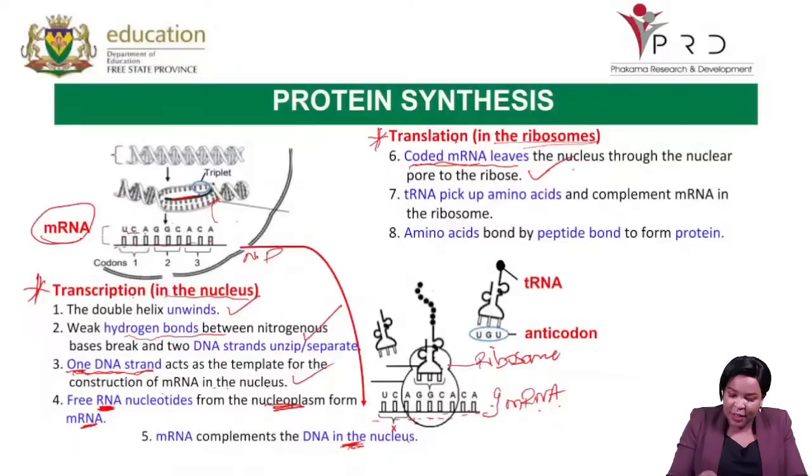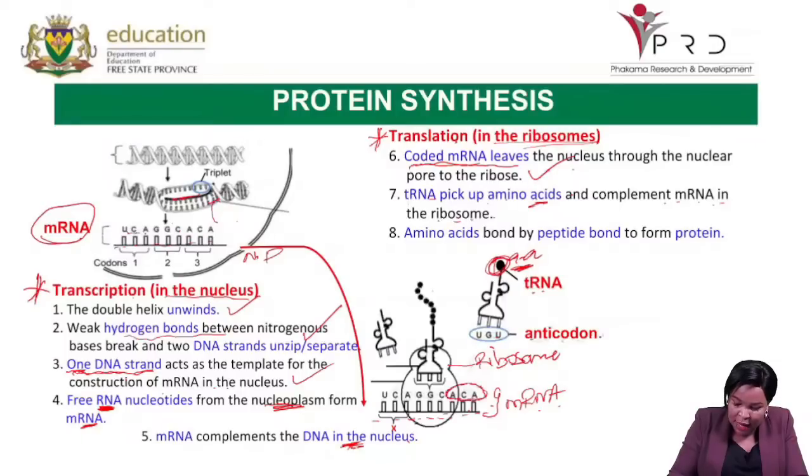Right. Then tRNA picks up amino acids. So this tRNA is going to pick up these. The circles or the dots on top of the tRNA are called the amino acids. It's going to pick up these amino acids and complement mRNA in the ribosome, meaning it's going to bring the anticodon that complements the triplets on mRNA.